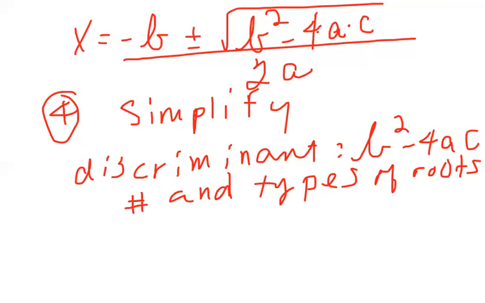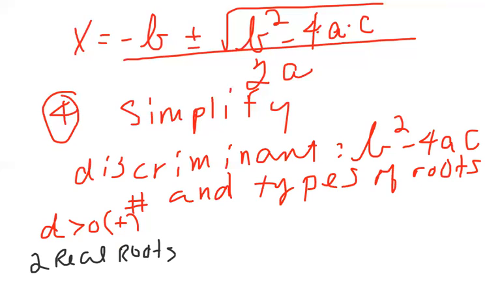So how many solutions does it have? And what type of solutions does it have? Remember earlier I mentioned there are instances where you have no real roots. So if the roots are not real, then they become imaginary. So guys, here's the bottom line with the discriminant. If you calculate the discriminant, it's greater than 0, meaning it's a positive value, this will lead to 2 real roots, as in they're going to intersect the x-axis twice, as mentioned earlier.